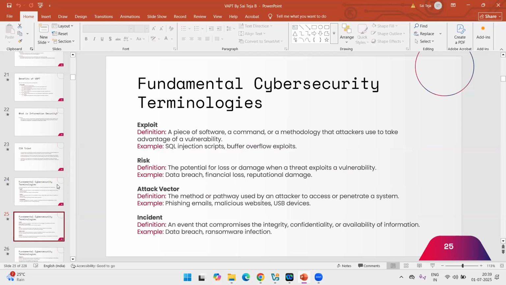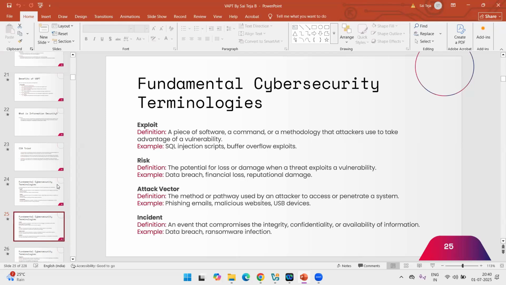And exploit. When you have a vulnerability, there will be an exploit for it. An exploit is a piece of code, a command, or a methodology to take advantage of the vulnerability. Identifying the vulnerability is one part, but to actually see if you can exploit it, you need an exploit code or the steps or a methodology.